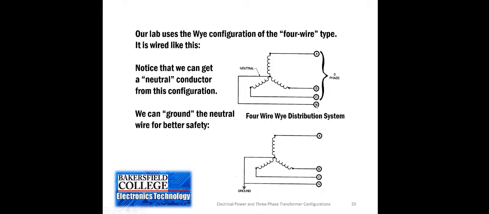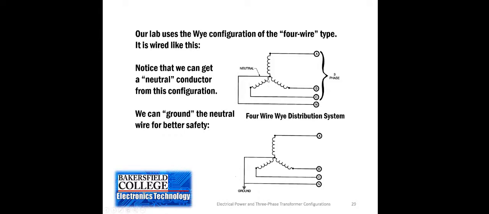So if we go between any of the 3 lines, A, B, or C, and the neutral, then we get the same voltage that's across the coil, the phase voltage.